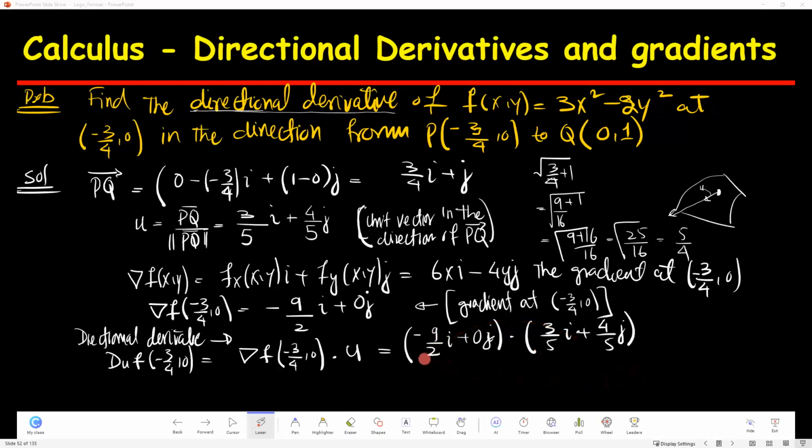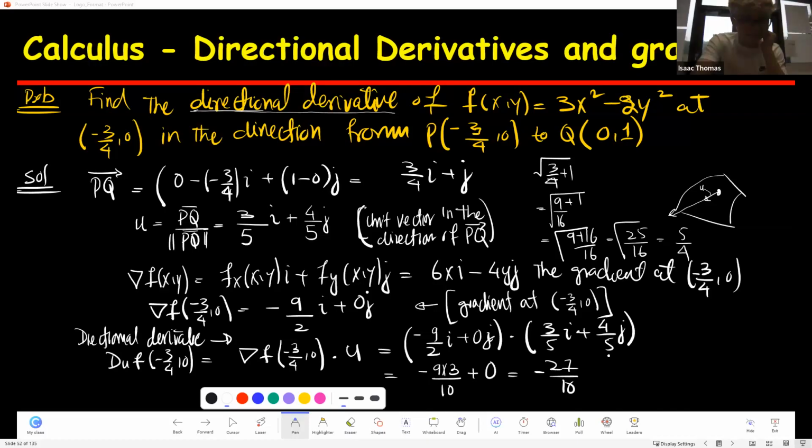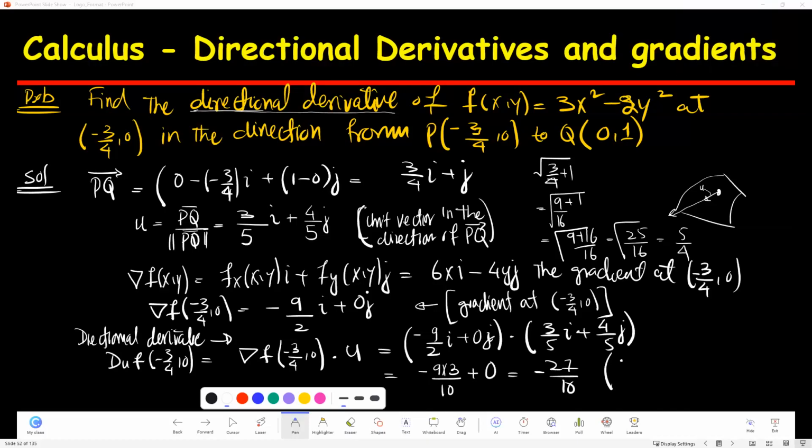But minus 9 over 2 times 3 over 5 need to be multiplied, so 9 times 3 over 10, plus 0, plus 0. It's going to be 27 over 10 minus 1. And there is the directional derivative.